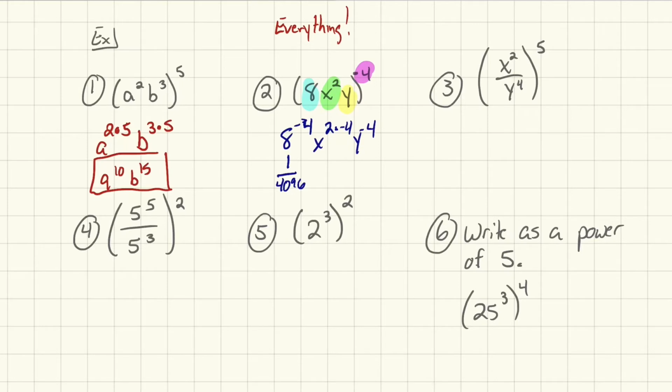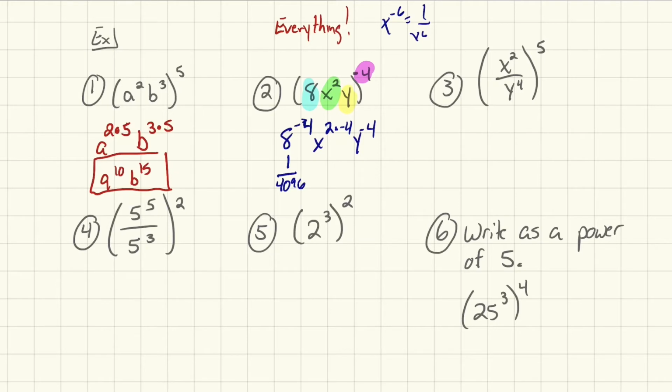Well, we know that 8 to the 4th power is 4,096, but the negative means we have to use that rule where we write it on the bottom of a fraction as a positive. So 8 to the negative 4th is just going to be 1 over whatever 8 to the 4th is.